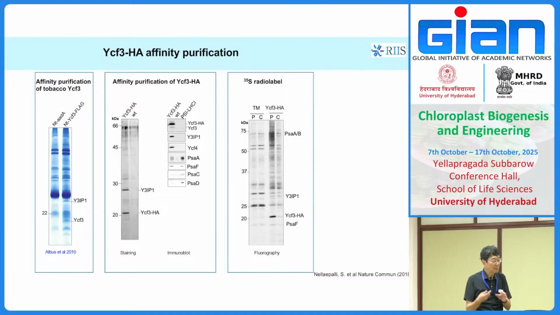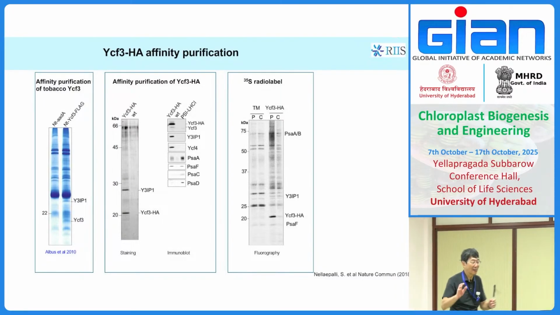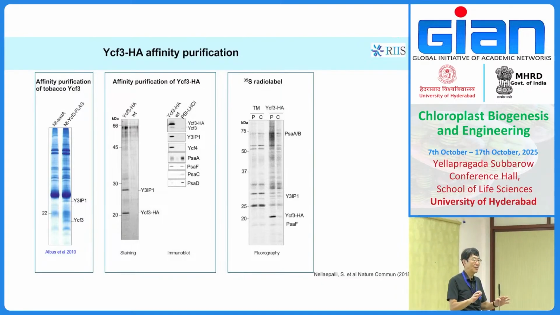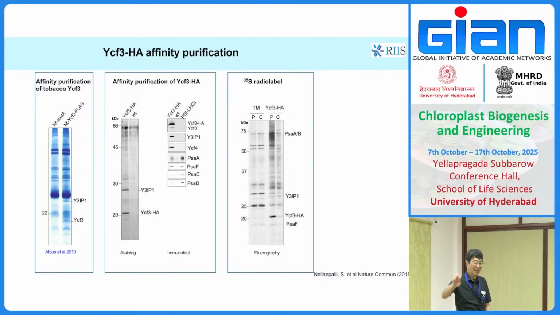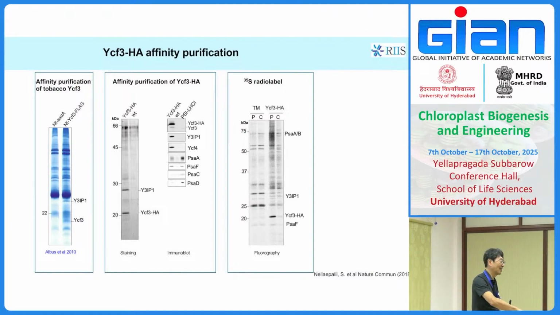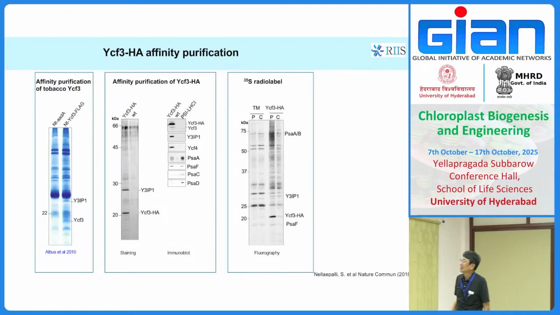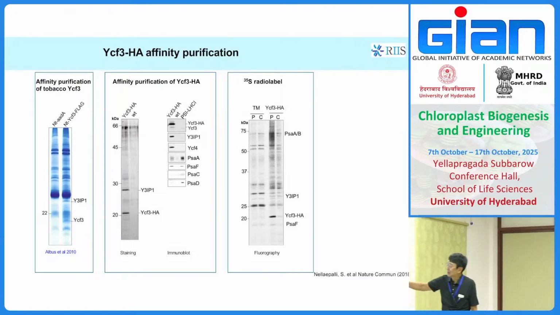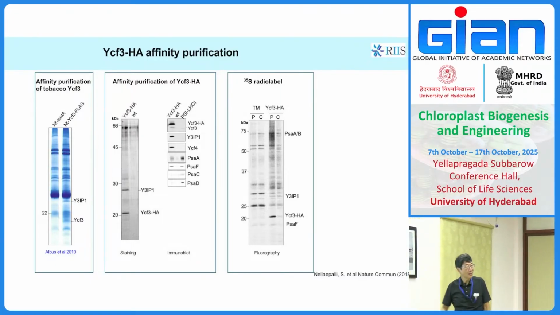To assist assembly, the factor must somehow interact with PS1. Like in a car assembly factory, a robot catches one part and puts it into the car. So there is interaction, right? The same thing happens. So this immunoblotting data suggests this interaction.